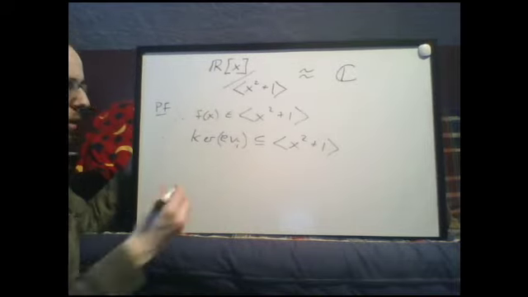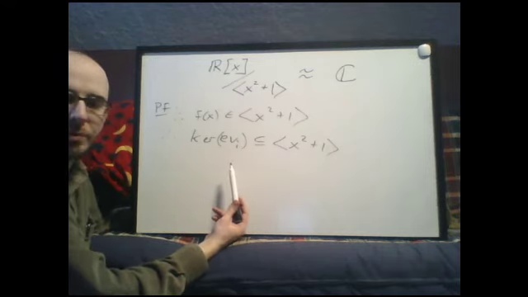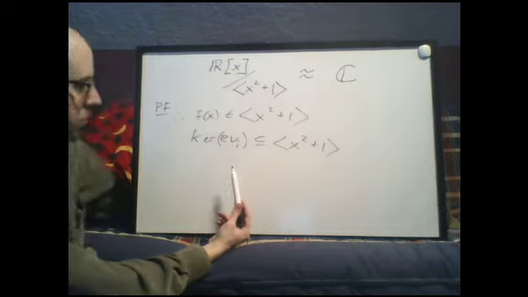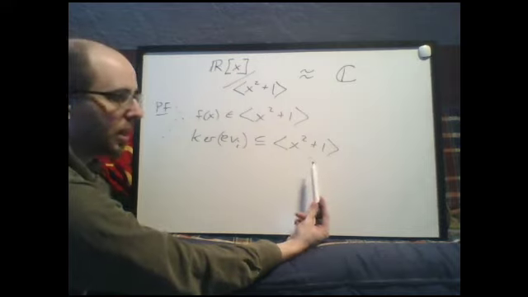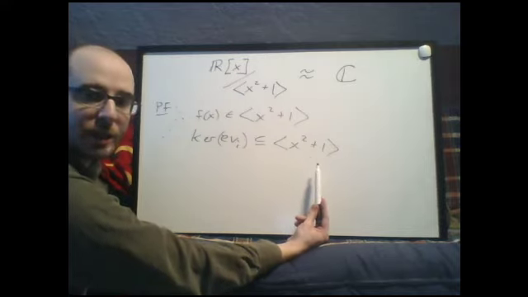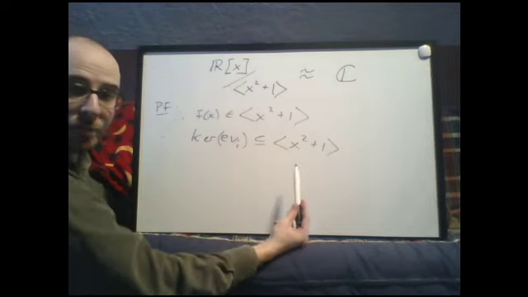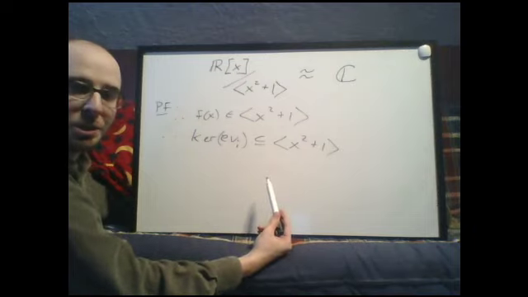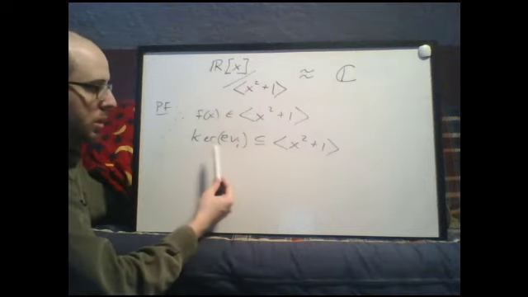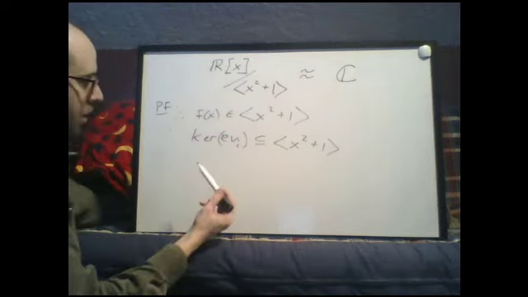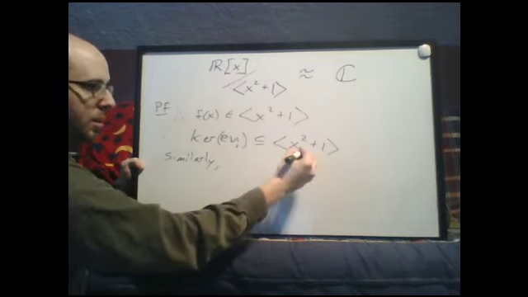The other direction, that this ideal is contained in the kernel, is significantly easier, although I'm taking longer than I intended. If something is in this ideal, that tells us that x squared plus 1 is a factor. If x squared plus 1 is a factor, and I plug I in for x, I squared plus 1 is 0. So any function that has this as a factor is going to have I as a root, so it'll be in the kernel of ev sub I. So I'll cheat and say similarly, this is contained in this.